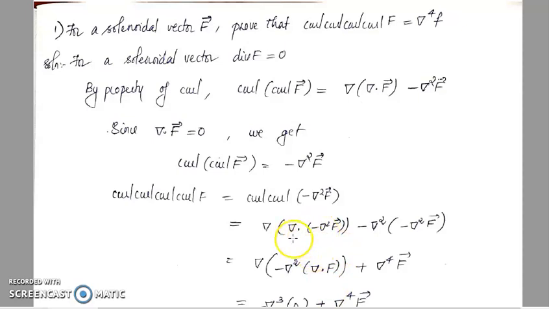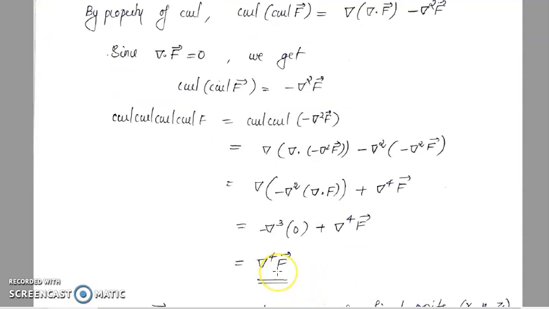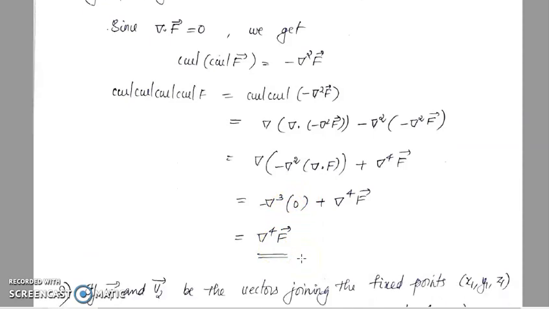The values are going to be the same since they are operating on the function f. And the second term I can write as plus del raised to 4 f. So here I am interchanging this to obtain del dot f. Now I know del dot f is equal to 0 since it is solenoidal. Therefore the first term will be minus del of del square of 0, plus del raised to 4 f. So the first term becomes 0. So that gives del raised to 4 f. So that is the required result.